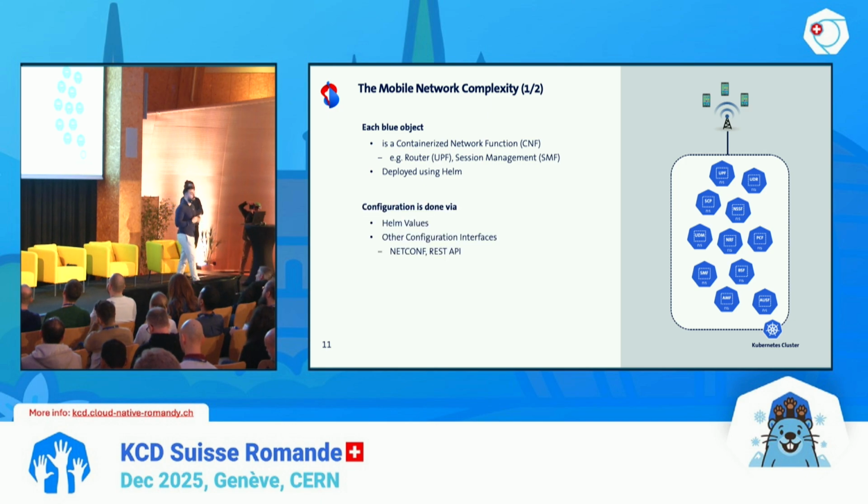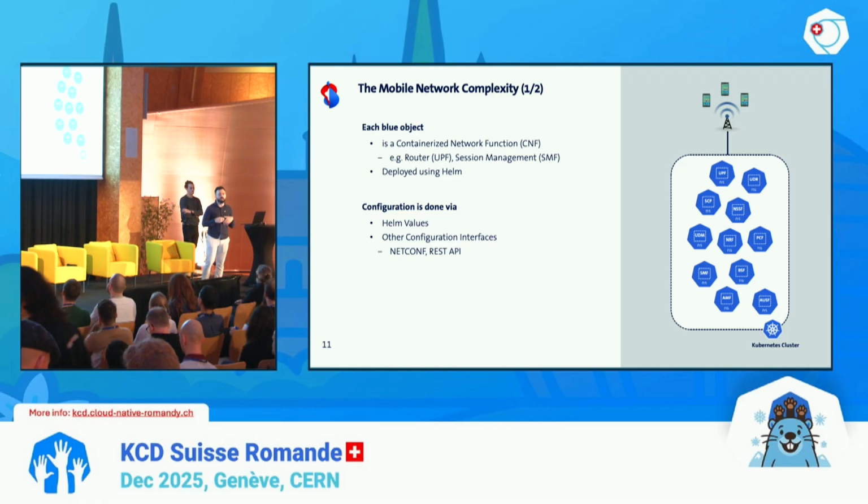Configuration is also done using Helm values, and we use a protocol called NETCONF to push this configuration to each container. I'm not sure if you're familiar with it, but basically NETCONF is going to put a big XML file containing a lot of parameters into each container, and every container will know what to do with the configuration, just in a brief way.